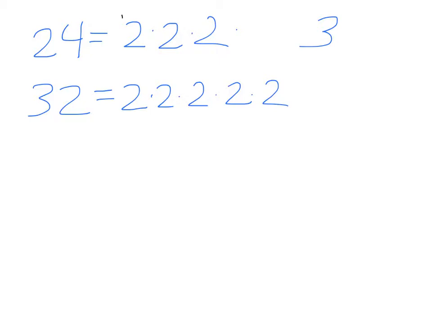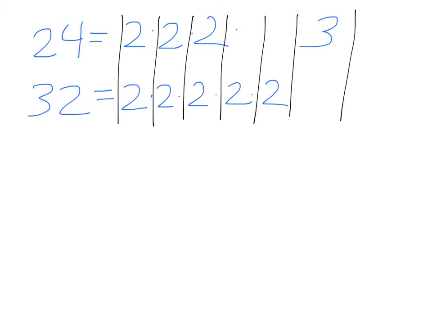So now I'll make my columns. Notice I left that space there because the 2's needed a place to go and not line up with the 3's. So when I do this now and I write my greatest common factor, I have a 2, a 2, a 2, not full, not full, not full.